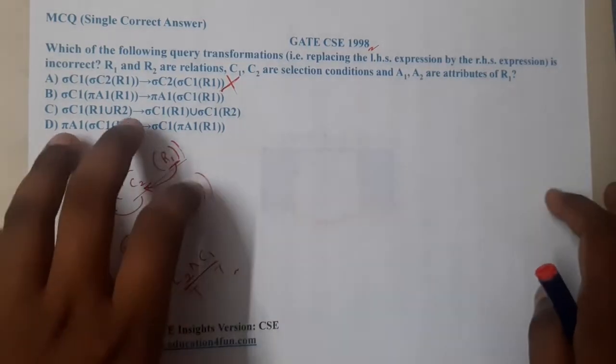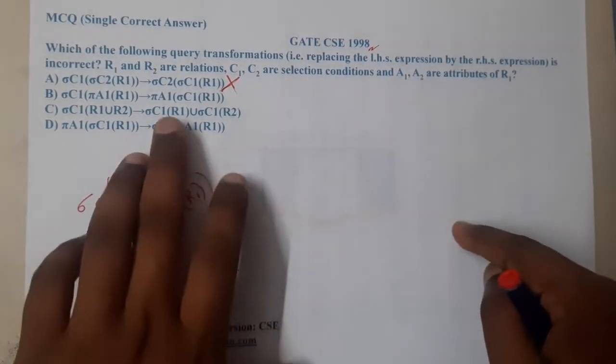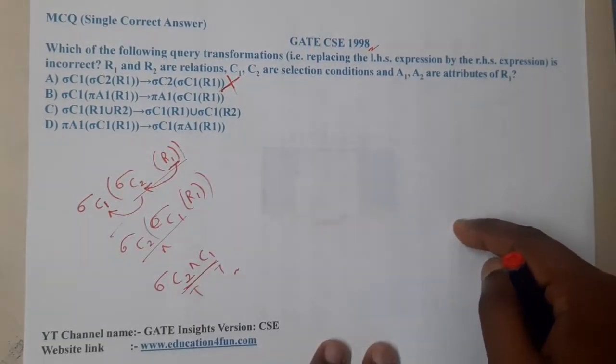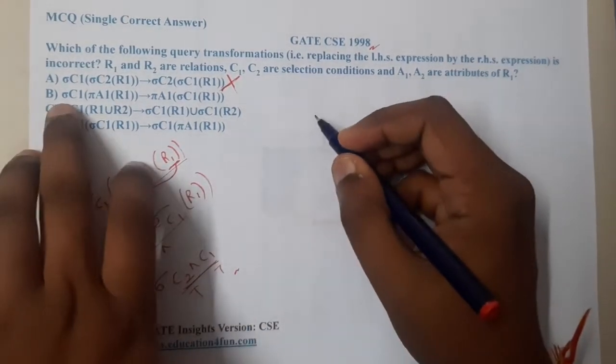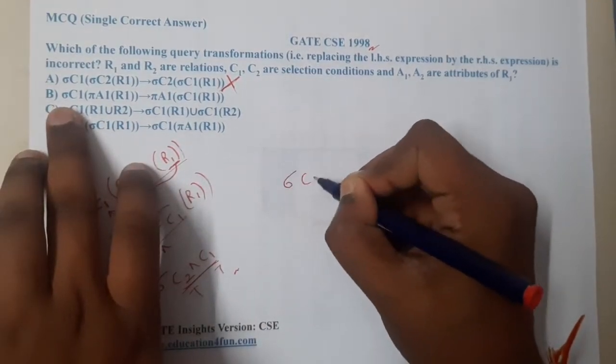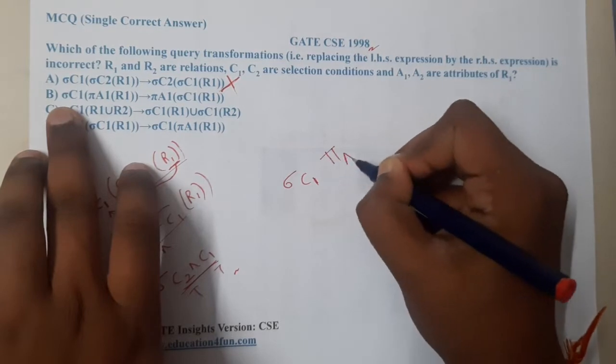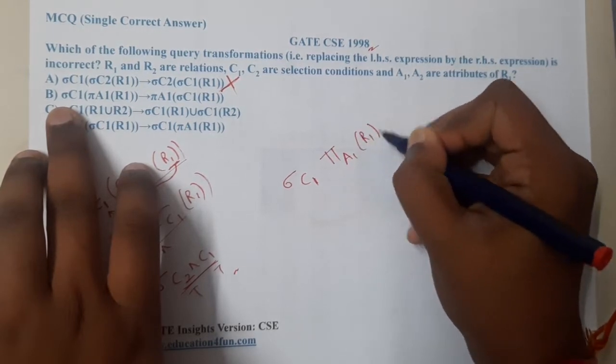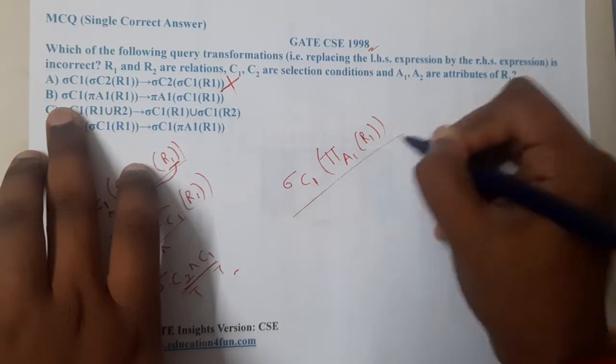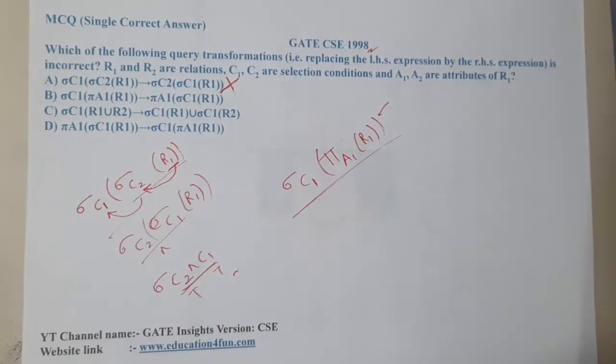Now moving on to option B. On this side we have selection condition C1 applied on pi A1 R1. I think we have discussed this particular case, right?